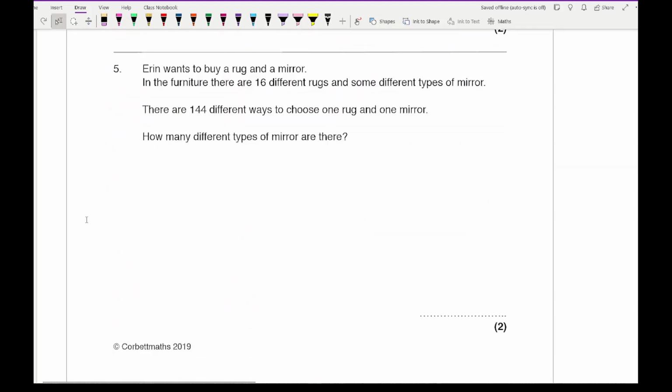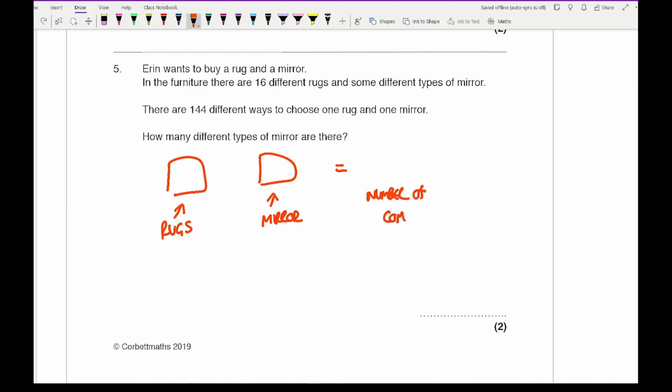Question 5 then says that Erin wants to buy a rug and a mirror. In the furniture shop, there are 16 different rugs and some different types of mirror. There are 144 different ways to choose 1 rug and 1 mirror. How many different types of mirror are there? So we've got, this represents the rugs and this represents mirrors, and this represents the number of combos.